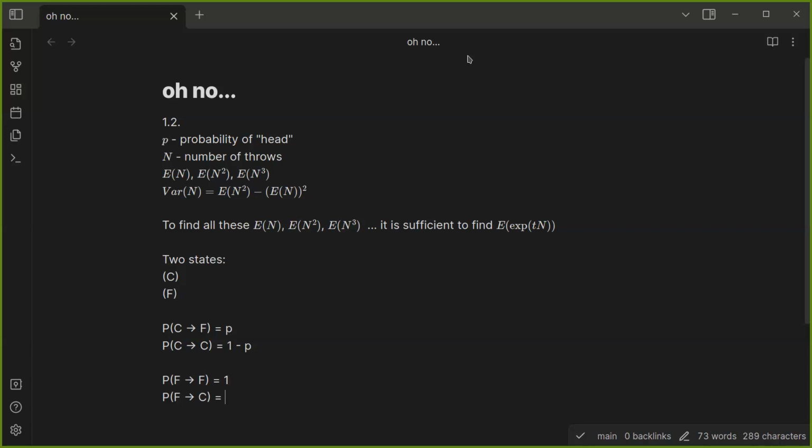It is impossible to continue the game if the game ended. This Markov chain is very, very simple. Okay, let's find the expected value.